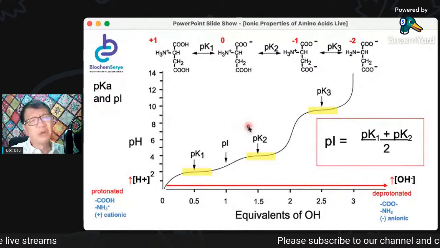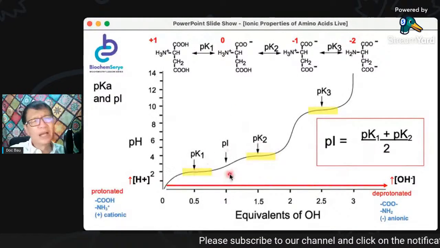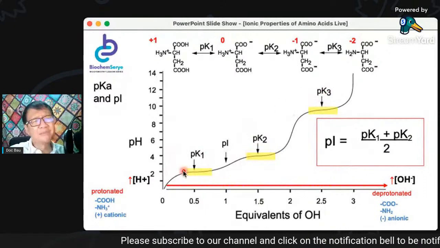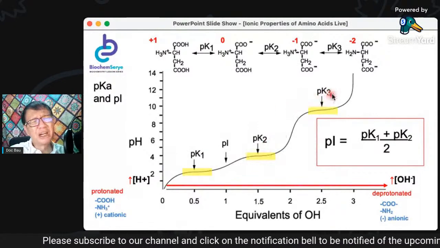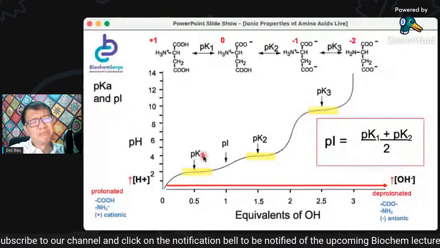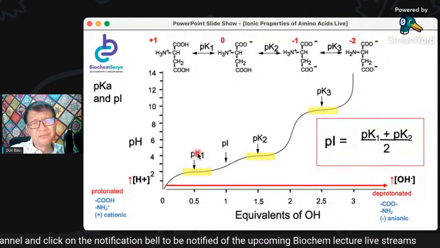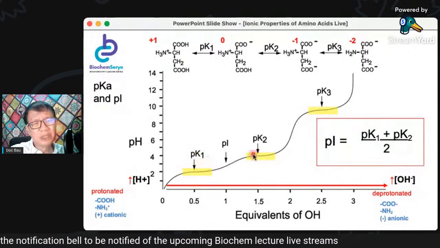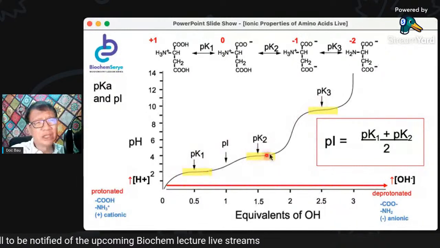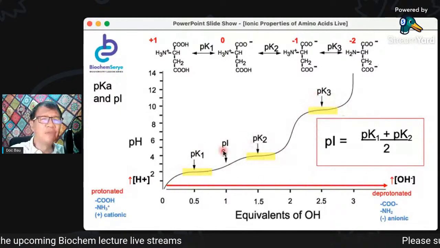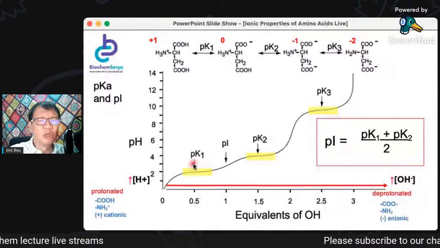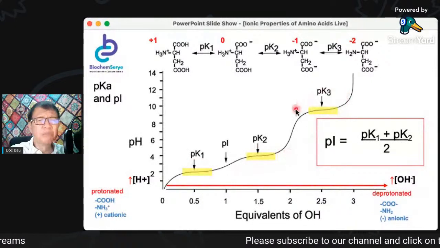For acidic amino acids, it's the first two. It's better if your professors use pK1, pK2, pK3 because they are arranged in increasing pKa values. So pK1 is lower than pK2, and pK2 is lower than pK3.